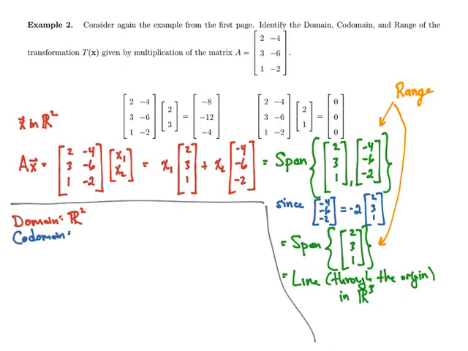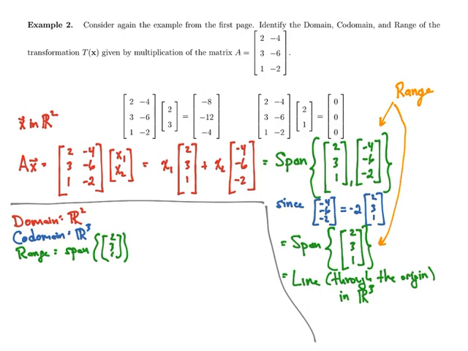They live in the realm of R3. Now our outputs aren't going to be all of R3, but that's where they sort of live. And then the range is the specific part of that. That's going to be the span of that vector, which is a line in R3, only a part of it.